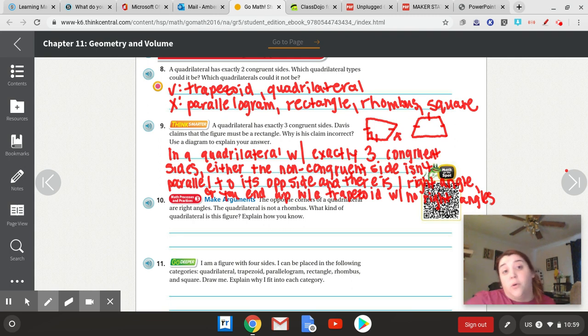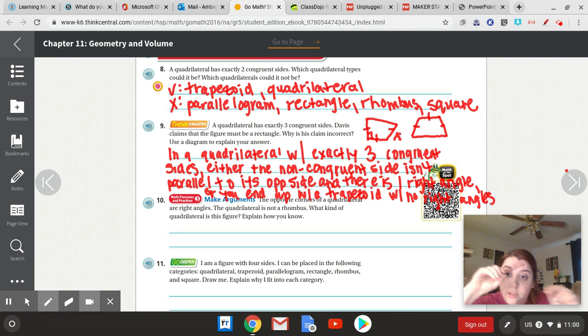You get one of 2 of those things. So no matter what, if you have exactly 3 congruent sides, you're going to get some type of uneven shape like that. Okay?